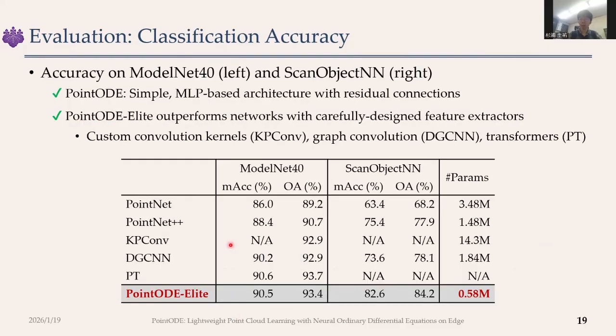PointODE is a simple MLP-based architecture, and it outperforms more sophisticated networks with carefully designed feature extractors like KPConv, DGCNN, and PT, which are based on the custom convolution kernel, graph convolution, and transformers. This result highlights the potential of simple MLP-based approach for point cloud analysis.